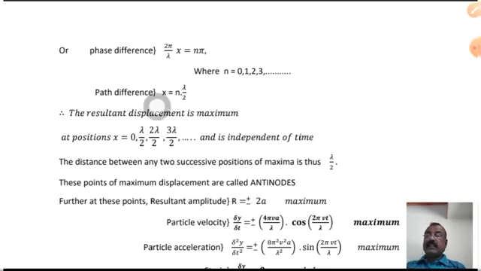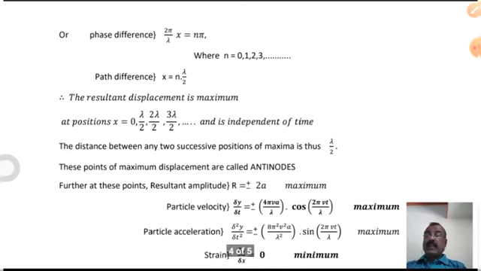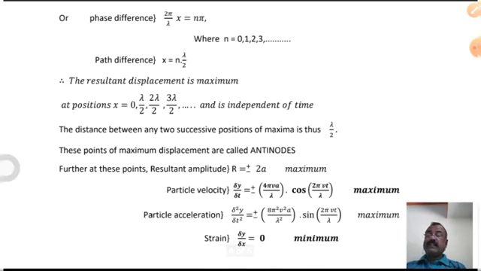This equation is independent of time. I mean, this position should be independent of time. While explaining the difference between progressive wave and stationary wave, we explained that the distance between any two successive positions of maxima is lambda by 2.